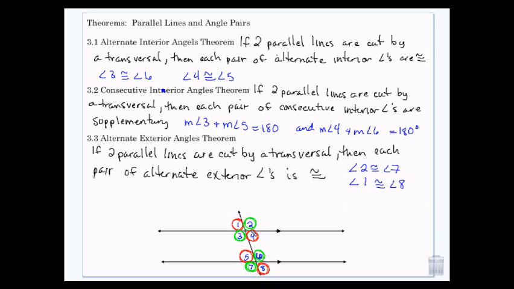So what I end up with is 4 angles that have one measure and 4 angles that have another. So all of the red angles will be congruent, all of the green angles will be congruent. And then you get this really nice situation where every red adds up to a green to make 180.